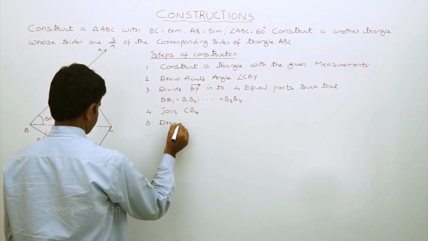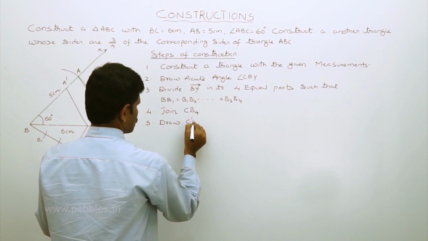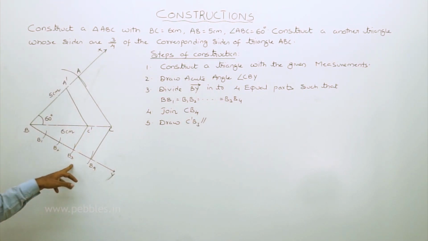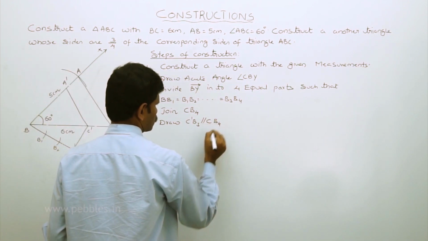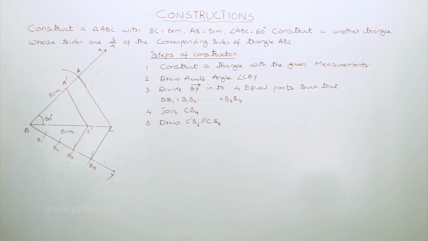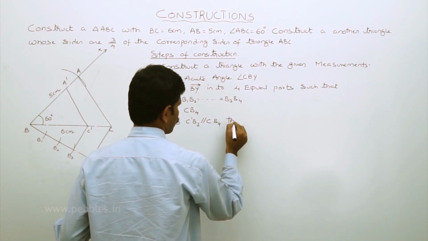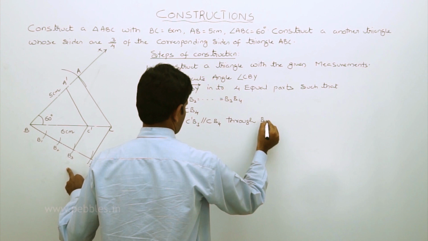Draw C dash B3 parallel to CB4 through B3.